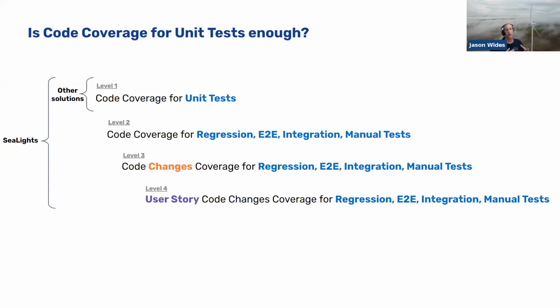For that specific user story, you want to understand the exact code changes that were made and whether those changes were covered by important test stages like regression, end-to-end, integration, manual, and of course any other test stage you might have running against this.